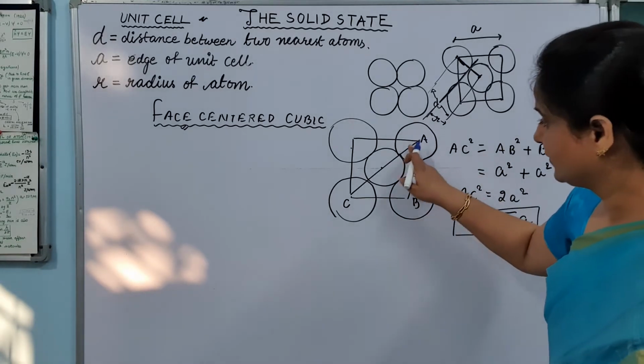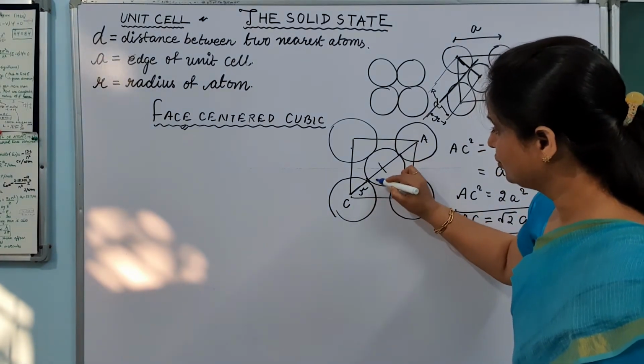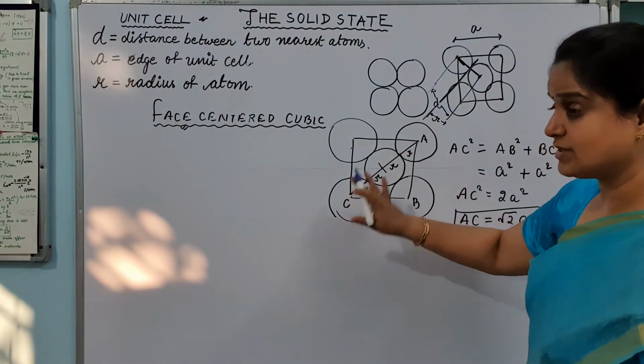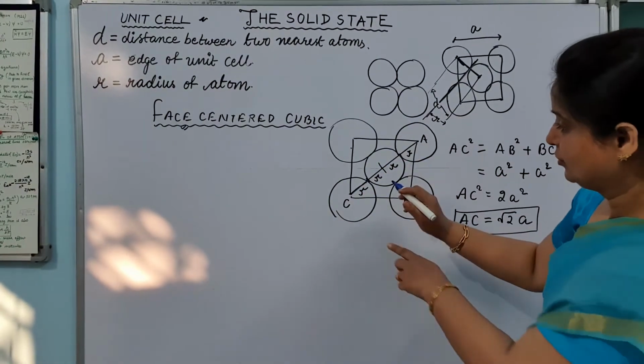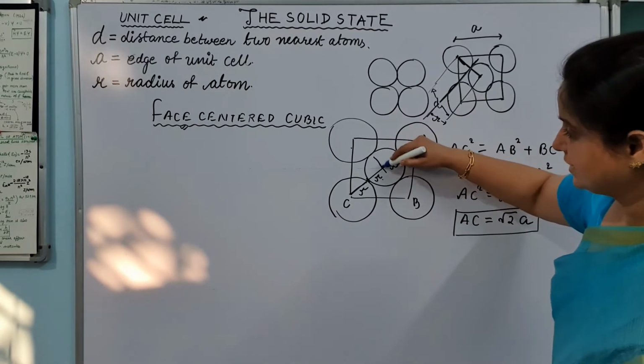Now what is AC? AC means 1R, 2R, 3R, 4R, if the balls we are considering are of the same size. These are the balls here. So 1, 2, 3, 4. Or I can write this is D now.